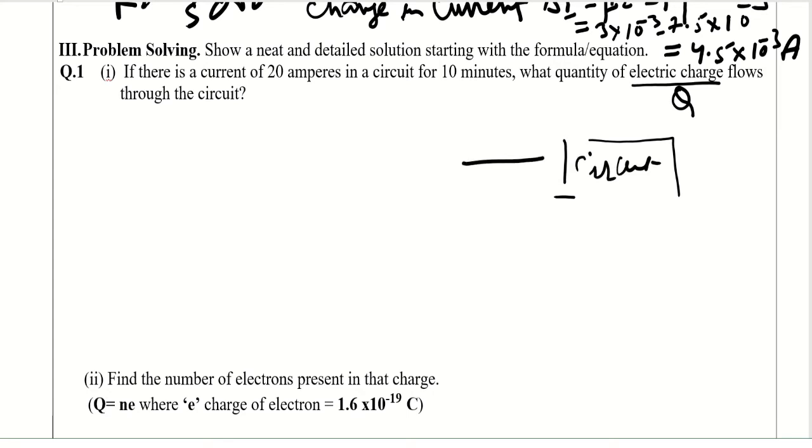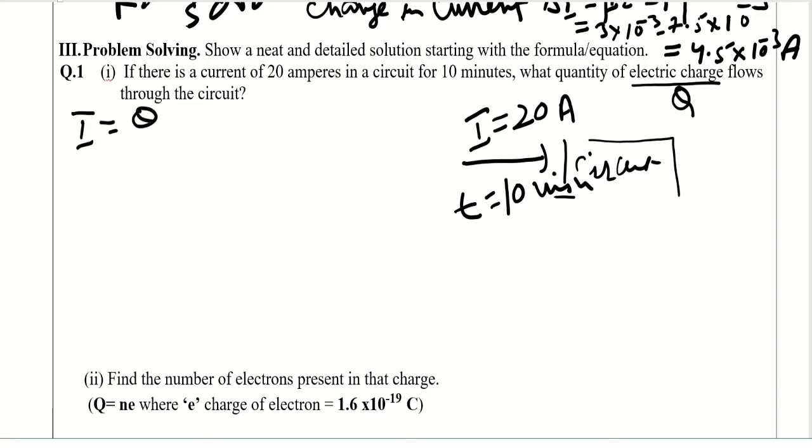In this circuit the current passing is 20 ampere, and it is flowing for the time of 10 minutes. So how much charge will flow? The formula is I equal to Q over T. This formula shows the relation between the current, charge and the time.